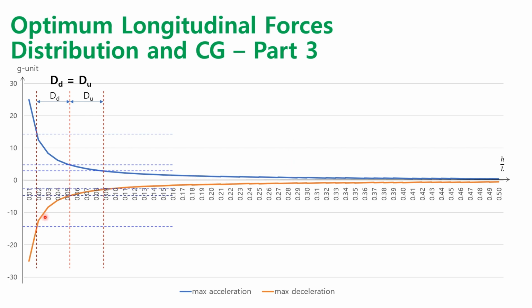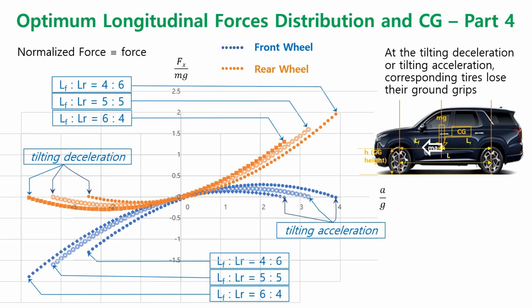Lowering CG height is the only way to improve both acceleration and braking performance. Recently, in my video H0007, Optimal Braking and Acceleration Distribution Diagram and Center of Gravity Part 4, I explained how the optimal braking and acceleration distribution diagram changes depending on the location of the center of gravity.